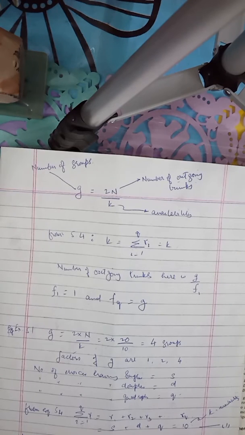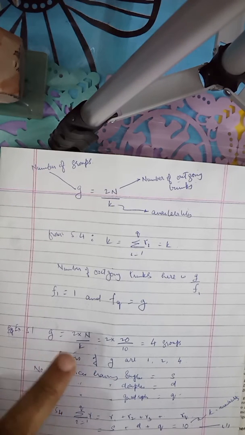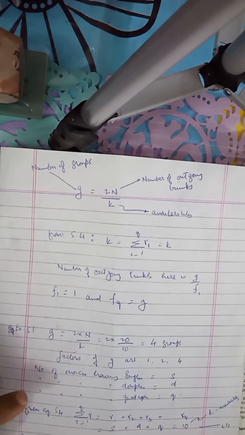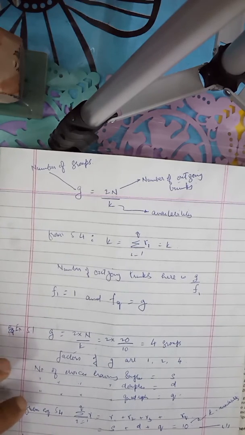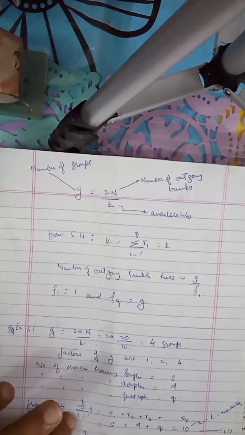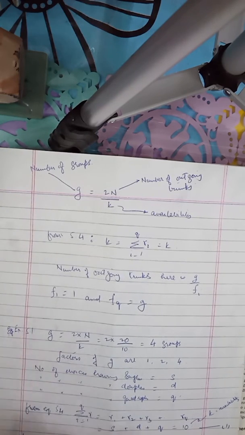You can see from this equation, here G is equal to 2 into N over K, and 2 into 20 over 10 is 4 groups, and then the number of choices having singles is S, doubles is D, quadruples is Q. From equation 5.4, sigma Ri is equal to K, which is R1 plus R2 plus R3.